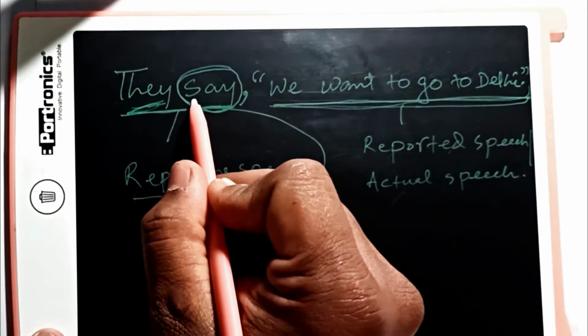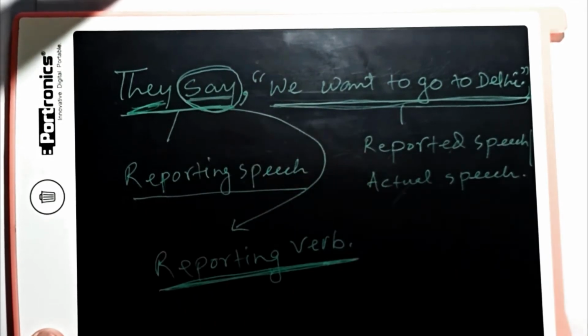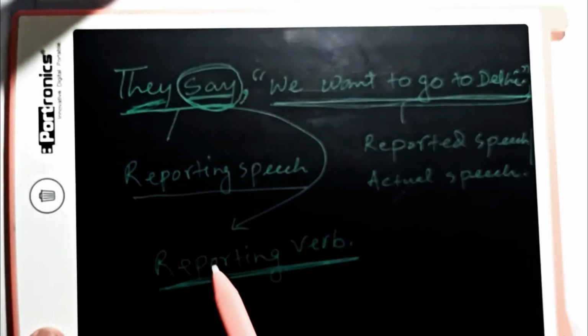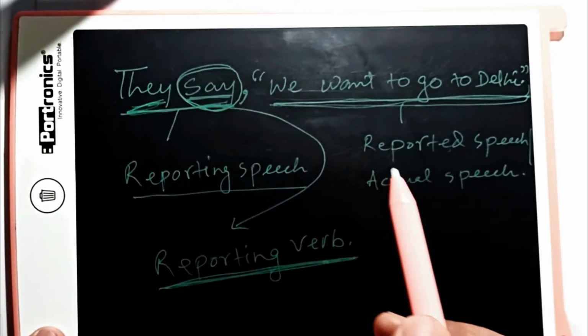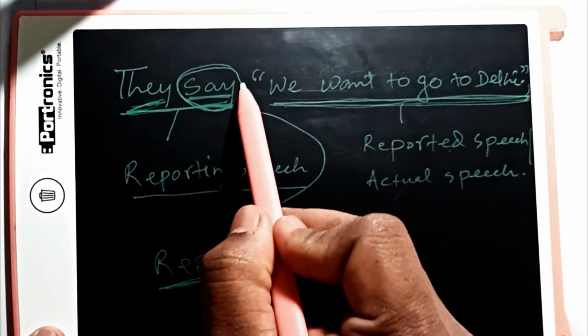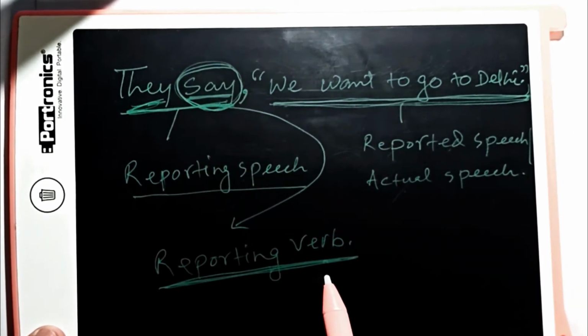This reporting verb will be spoken time and again within the discussion, so you have to keep in mind what reporting verb is. Now I hope you have understood the different parts. This is our reporting speech, this is our actual speech or reported speech, and this verb is called reporting verb.